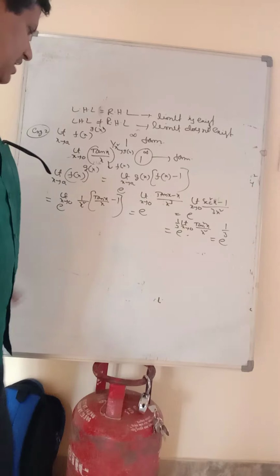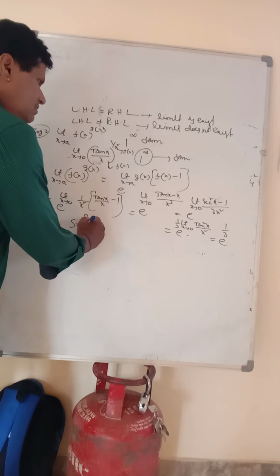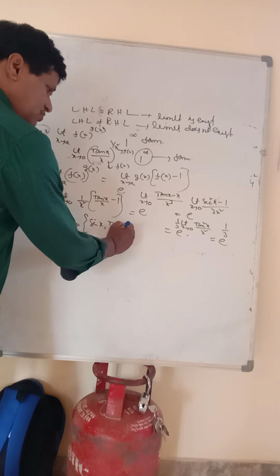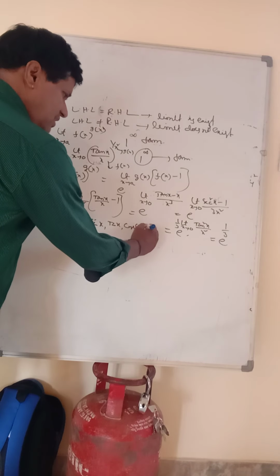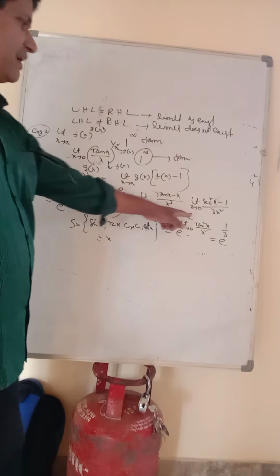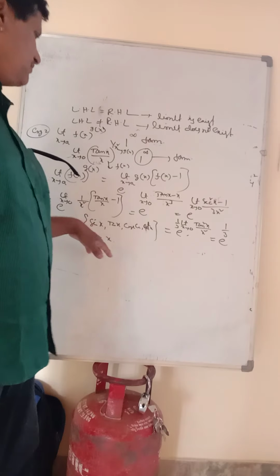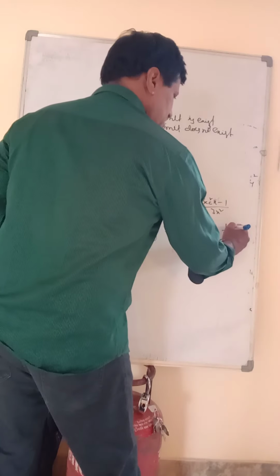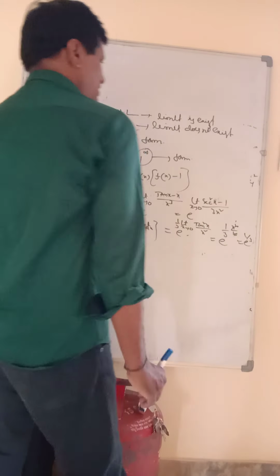We can take sin x, tan x, cosec x, cot x as x wherever these values are considered, it's not a problem. So x square by x square cancels and we get e to the power 1 by 3 as the result.